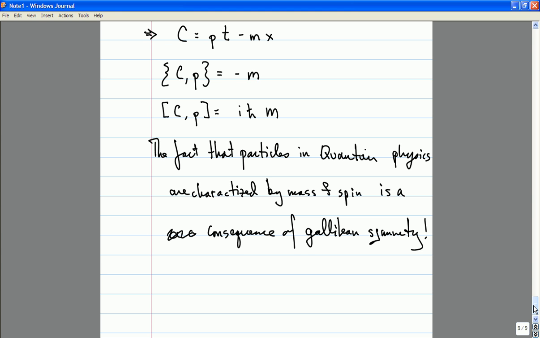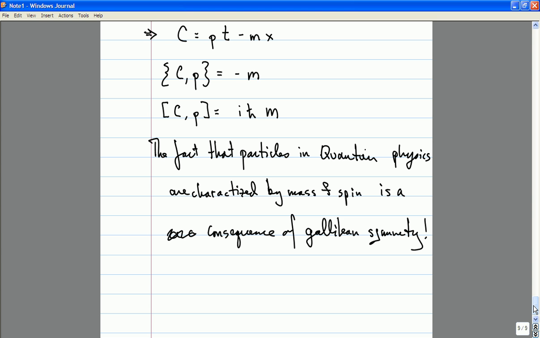In particular, we've seen that in Newtonian physics, and for those systems that can be described, at least approximately, by the laws of Newton, the origin of mass is seen as a consequence of some new feature of the symmetries of the theory. And indeed, the fact that objects are characterized by two fundamental parameters, their mass and spin, is simply seen as a consequence of this set of symmetries.